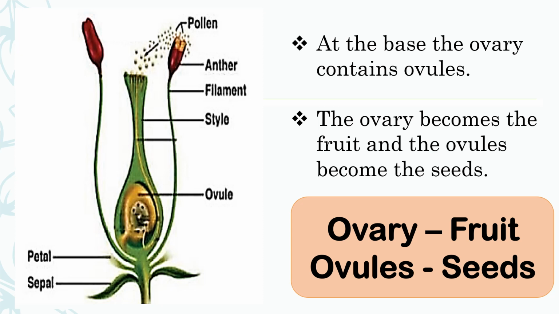When the pollen grains reach the ovules, then the ovary will start converting into a fruit, and the ovules will become the seeds of the fruit. So the ovary becomes the fruit and the ovules become the seeds.